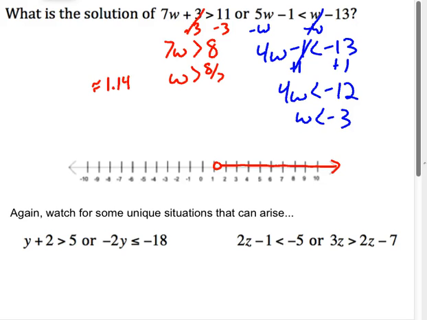So again, strictly less than means open circle, going that direction. And again, because this is an "or," you just copy down anything you see as part of your solution set. Everything is part of your solution. And again, it's okay if you get something decimal. Just do it the best you can.